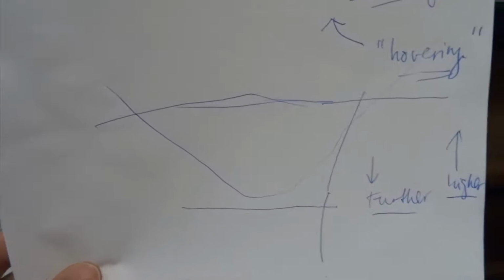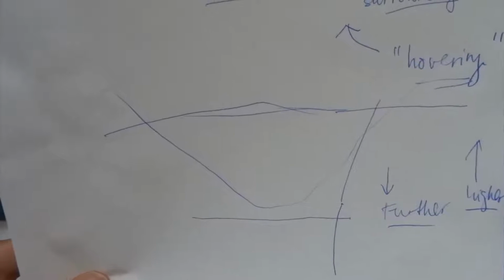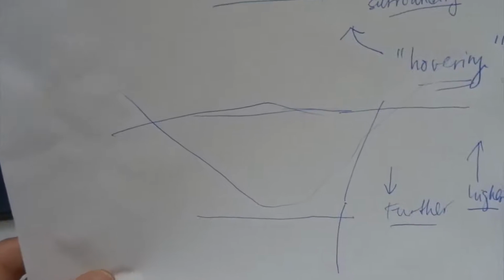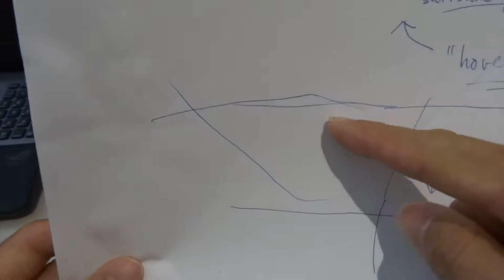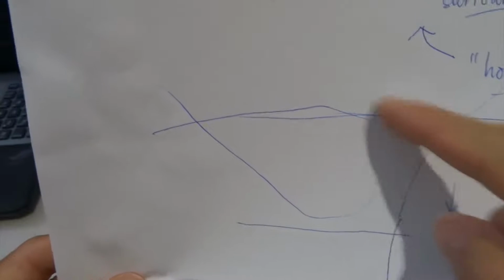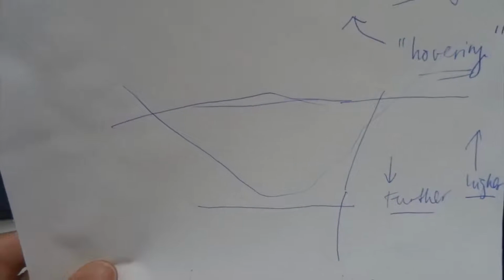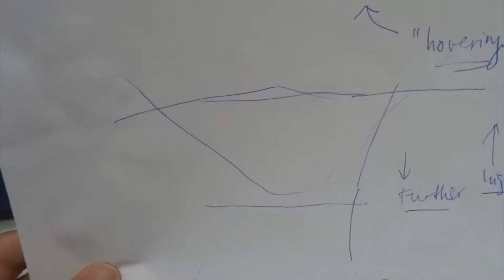So you need to understand that when you look at the screen, it's distorted. You need to train your brain and tell it that you are actually here while the image is here. You just need to get used to that by flying more often.